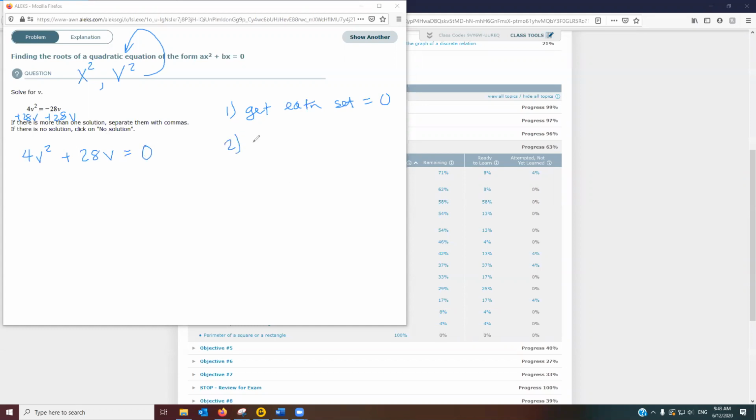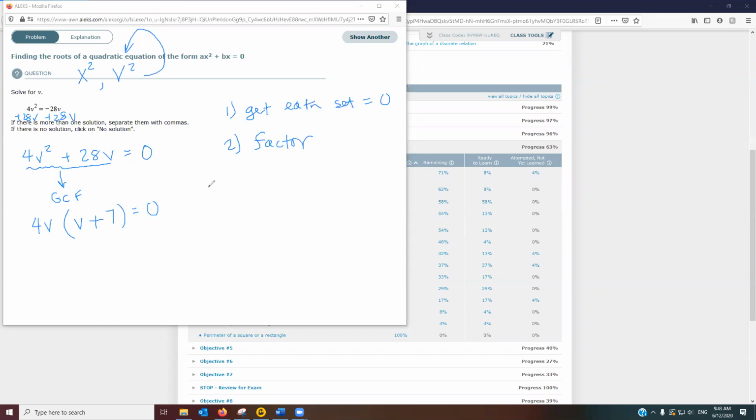Step 2, factor the one side of the equation. All right, well, when I look at this left side, I'm noticing there is a GCF, greatest common factor. So I'm noticing the greatest common factor is 4v. So I'm going to pull that out in front. If I factor out 4v, it looks like it's going to leave me with v plus 7 inside the parentheses.